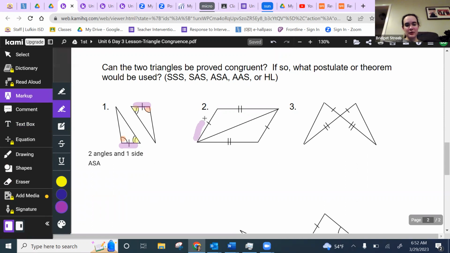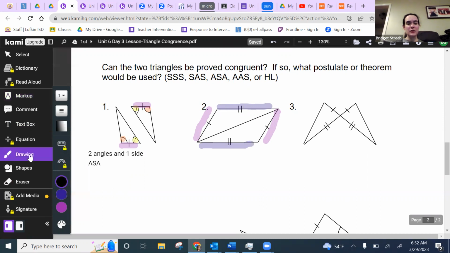Number two, we have one set of sides marked as congruent and a second set of sides marked as congruent. We have nothing else marked for us though. But both of these triangles, so that top one and the bottom one, both share this middle line.